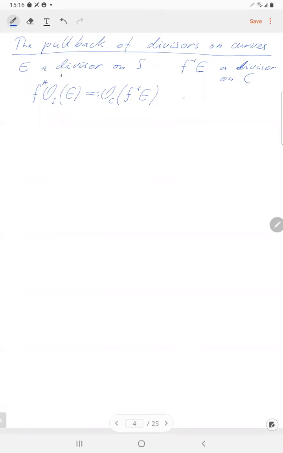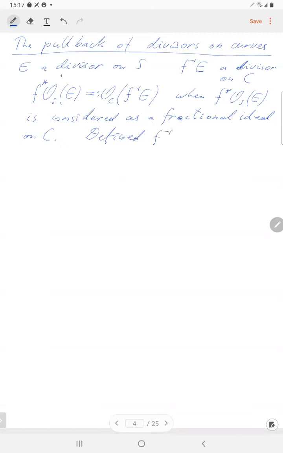So when the pullback here is considered as a fractional ideal on C. Okay, so this way we define the homomorphism from the divisor group on S to divisor group on C.